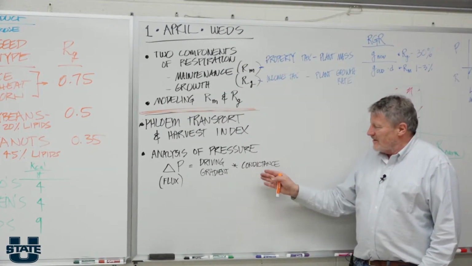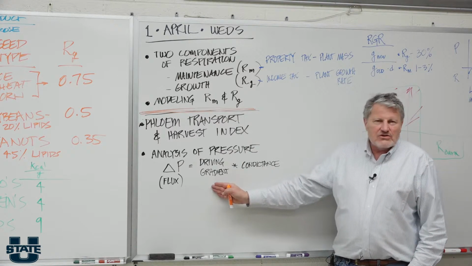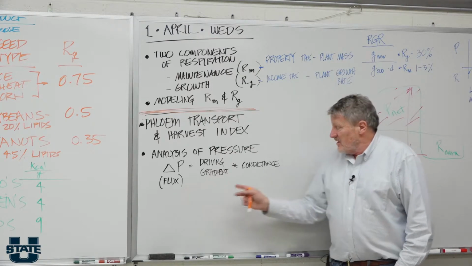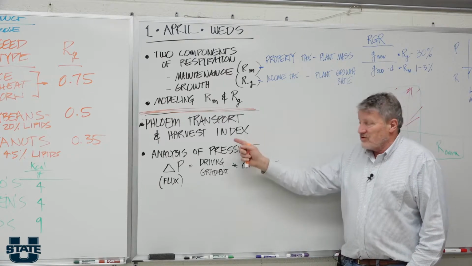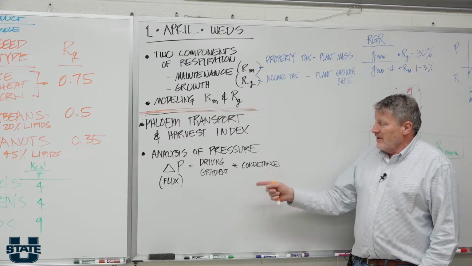The equation that everybody's already good at using. So we can measure driving gradients, and sometimes we measure flux, and then we get a conductance for the phloem, because it's a solution flowing through a tube in the plant.